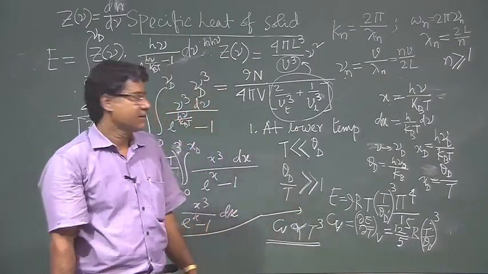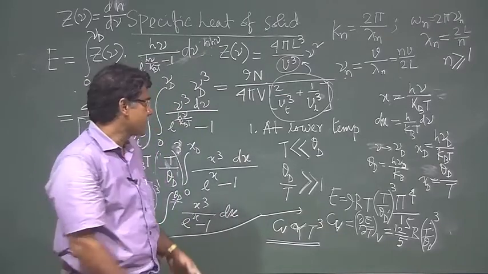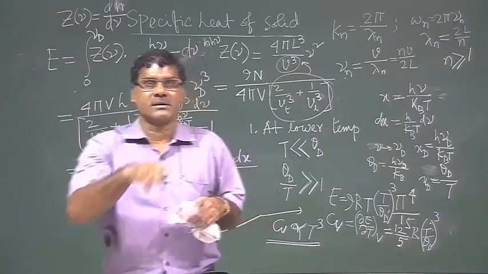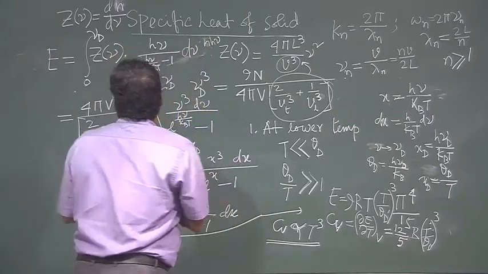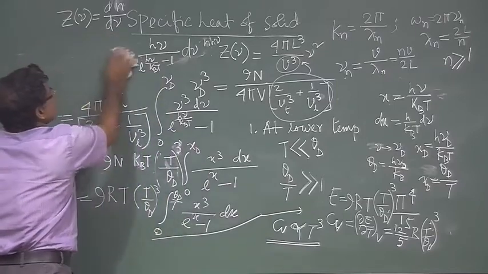So that is the great success of Debye theory, which explains the whole behavior of C V.